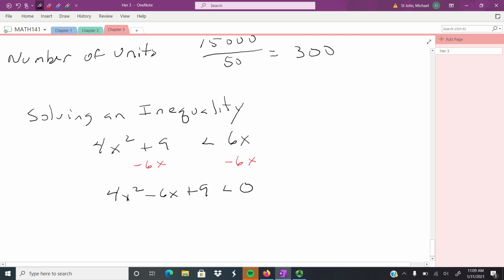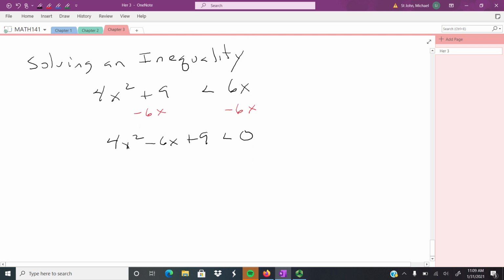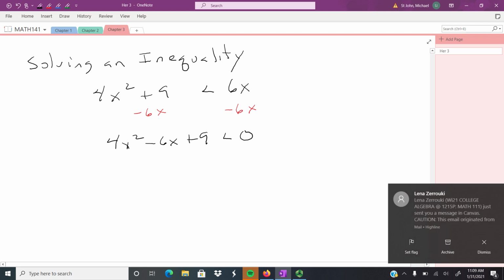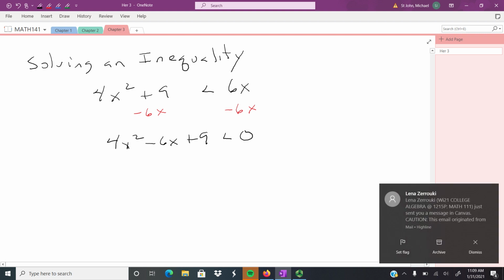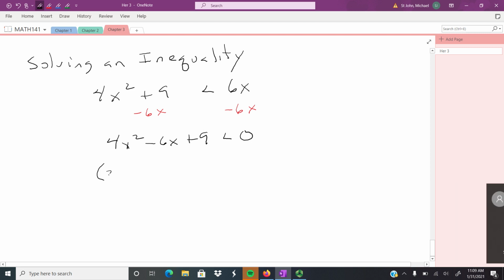Right? And then we want to see if we can factor this. Right? And so we have, well, so this is going to be 2x minus 3 and 2x minus 3. And so both these are same thing, so I only have to worry about one of these.